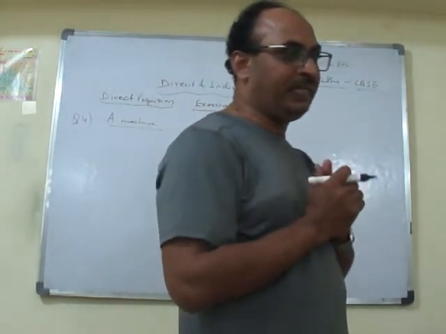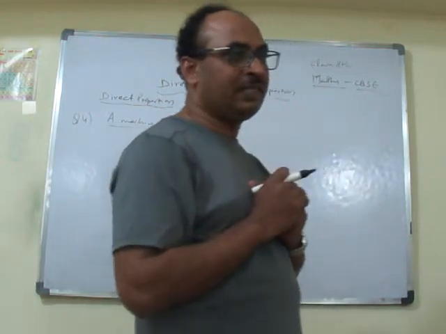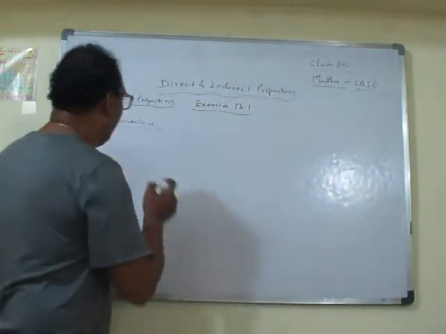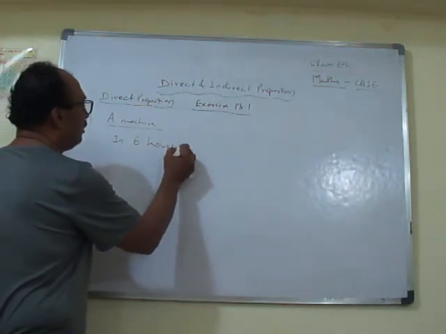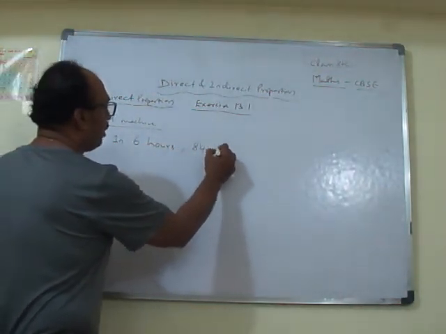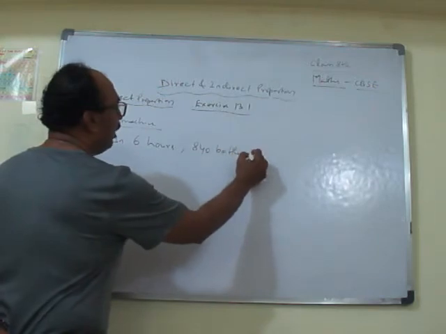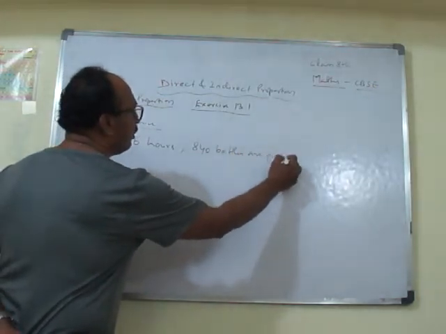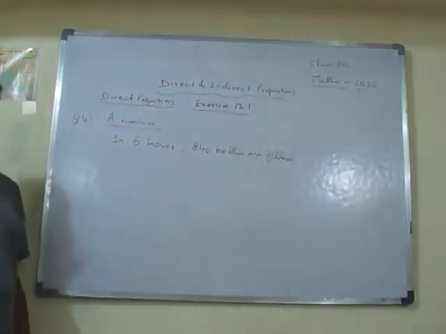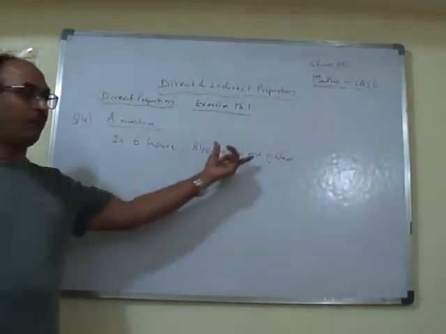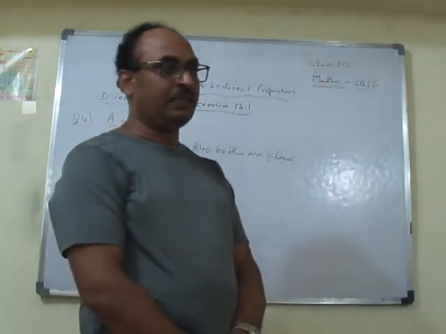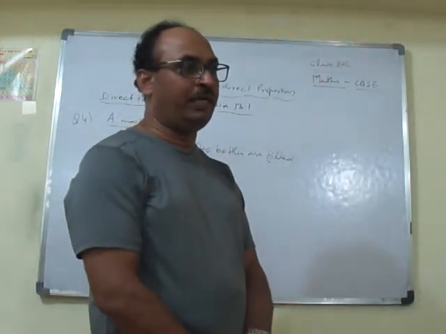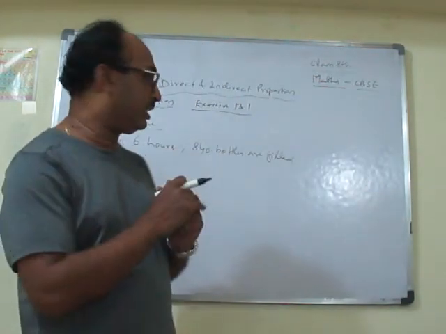So it is being given that in 6 hours 840 bottles are filled by the machine. Then how many bottles will be filled in 5 hours?